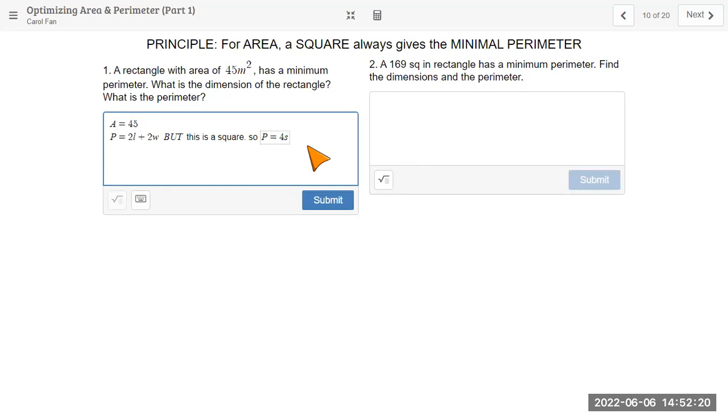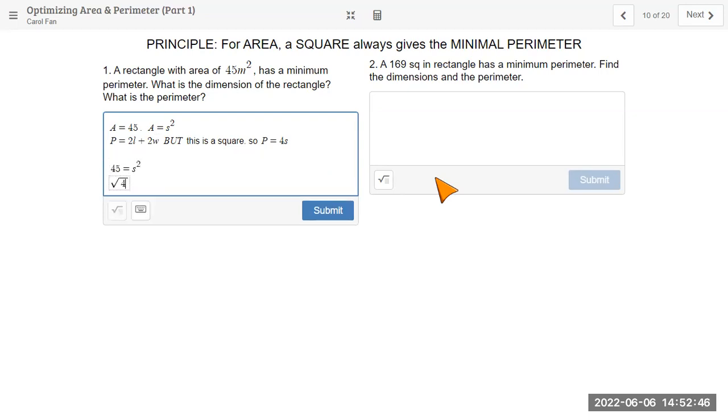I can also say that because it is a square, my area is side squared. Let's substitute these in. So I could say 45 is equal to side squared.